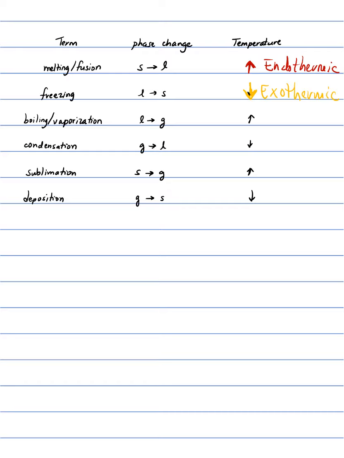We're used to seeing solid to liquid, liquid to gas, but a solid can actually become a gas without passing through a liquid state. That's sublimation. And a gas can become a solid without passing through a liquid state, and that is deposition.